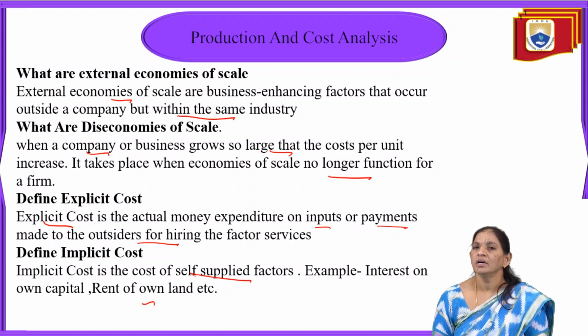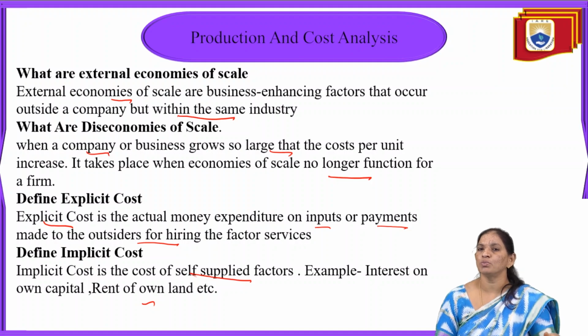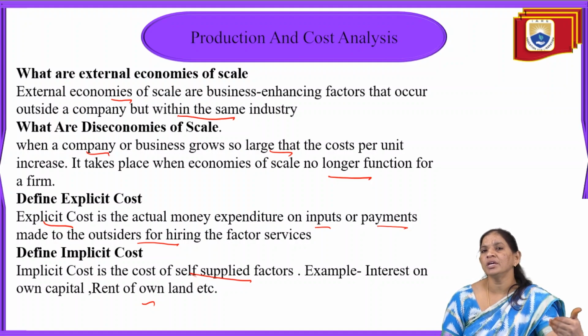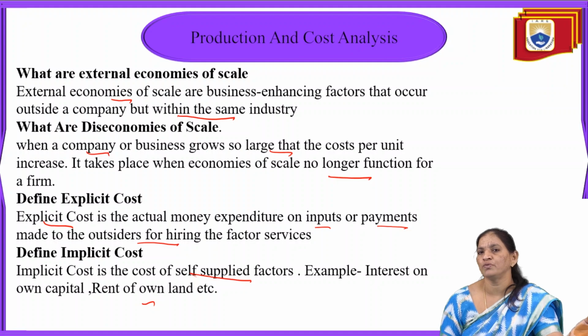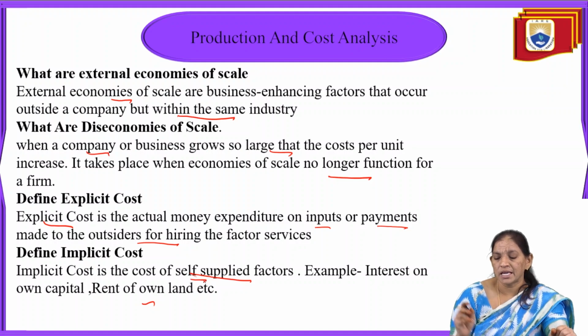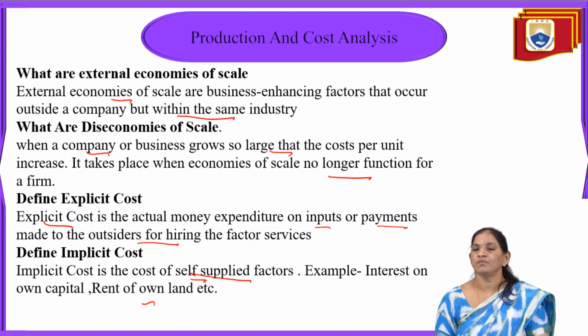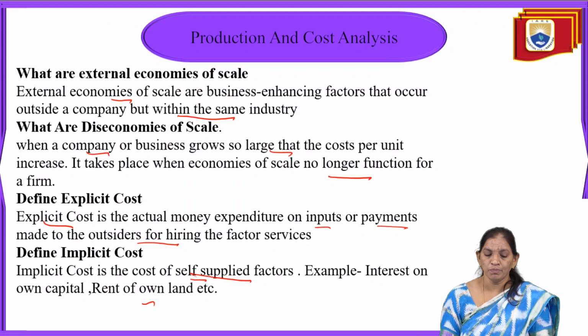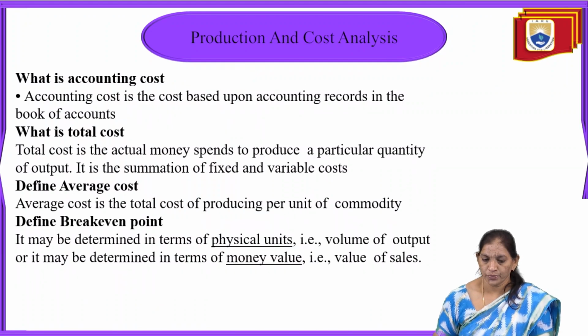So even though it is our own and doesn't involve money going outside, we should still take down the cost. So the cost provided for self-supplied factors we call implicit cost.